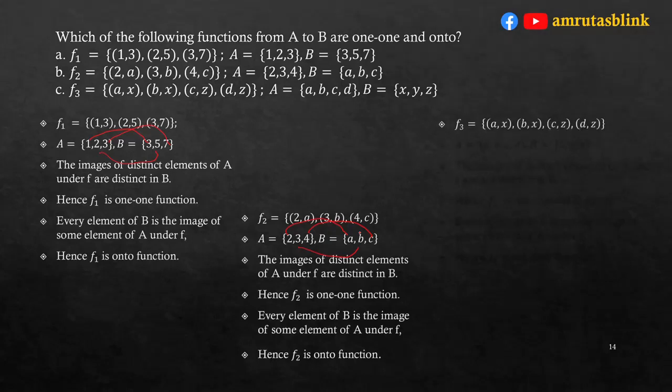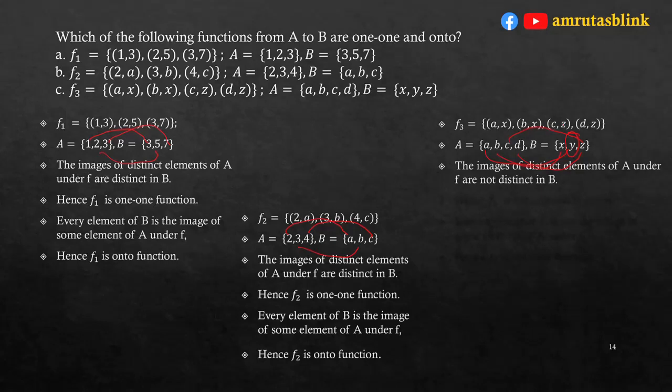f3 is equal to {(a,x), (b,x), (c,z), (d,z)}, whereas A is equal to {a, b, c, d} and B is equal to {x, y, z}. Now a is related to x, b is also related to x, c is related to z and d is also related to z. So we don't have any pre-image for y.